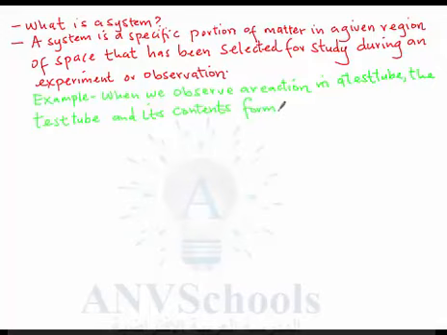So basically, a system is a specific portion of matter in a given region. In this case, the matter we are talking about in the example is the test tube and its contents, being a system in that instant of time in a research.